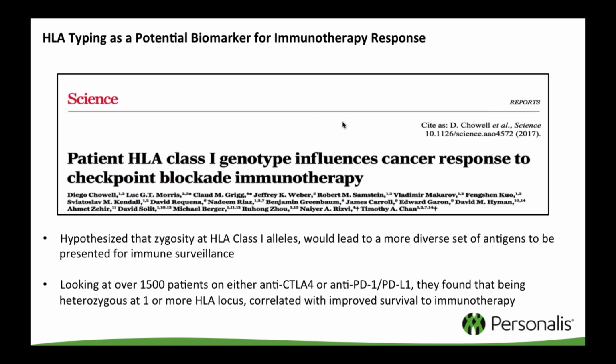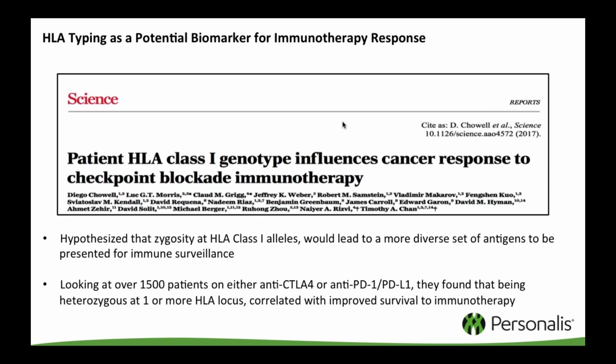And also within our neoantigen ID, we provide NGS-based HLA typing using our ACE exome. So as you may have seen in the literature at the very end of last year from Timothy Chan's group at Memorial Sloan Kettering, HLA type is also being proposed as a potential biomarker for immunotherapy. So in this paper, they hypothesized that zygosity at HLA class 1 alleles would lead to a more diverse set of antigens to be presented for immune surveillance.